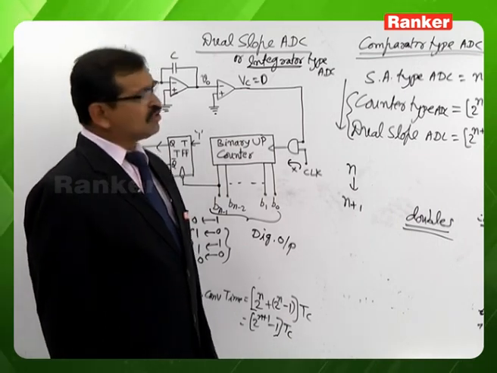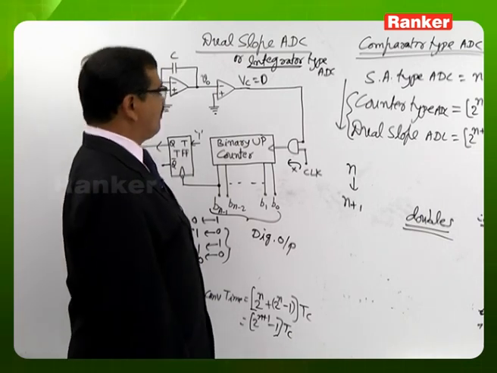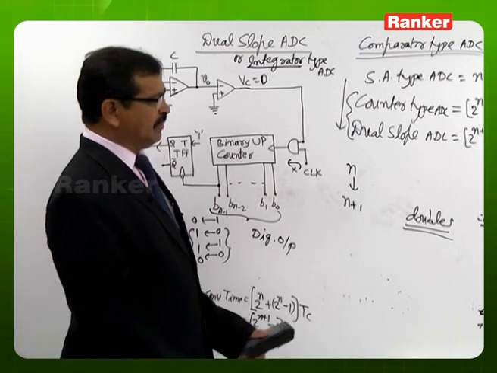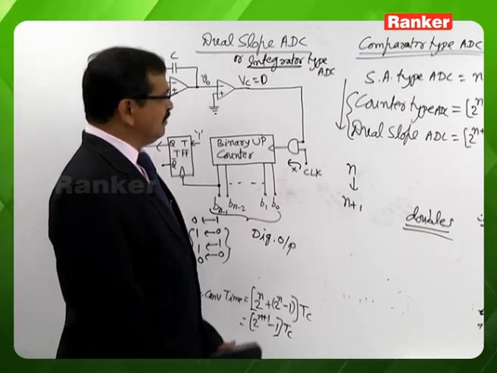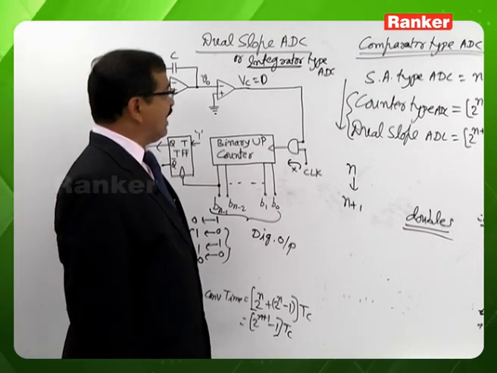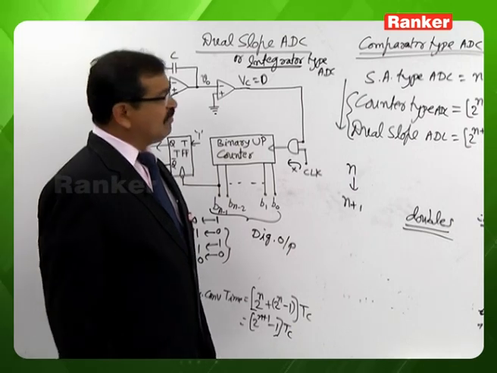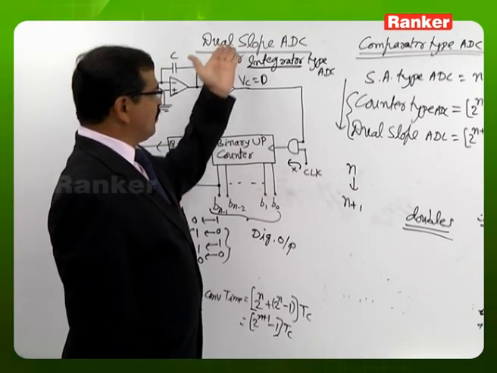Wherever the conversion time is not critical, it is preferable to use. In digital voltmeters, the measurement is normally read by a human being, so conversion time is not a critical thing. Wherever we are not having real time applications, it is preferable to use.